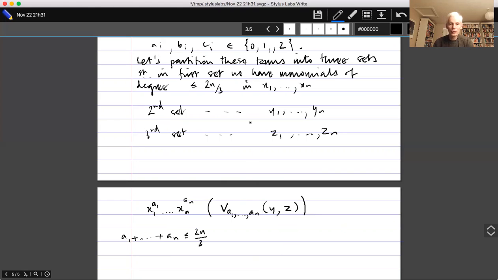And then I've taken all the bits of all the monomials in y1 up to yn and z1 up to zn that go with this particular set of powers for x1 up to xn, and I've added them all together with their coefficients and got some function in just y and z. And I do that for every single monomial like this, and that means that I've written all the things in the x collection as a sum of a function of x times a function of y and z.